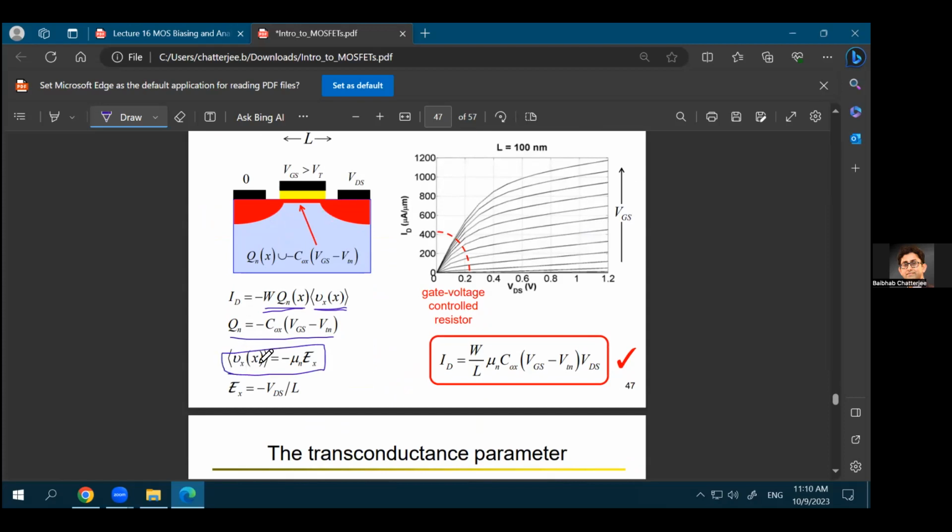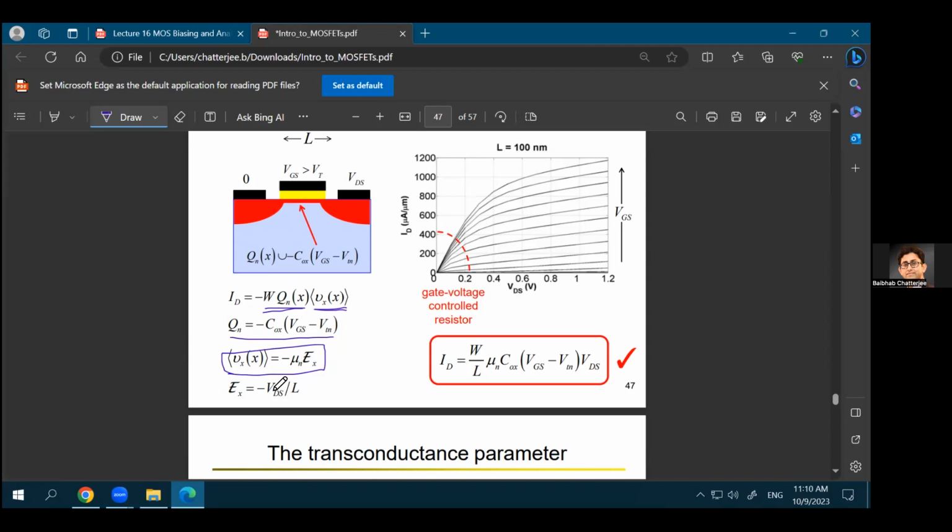Again, this comes from a theory in your device physics classes, that the mobility of the electrons multiplied with the electric field where you are subjecting the electrons to, it basically gives you the velocity of the electrons. So mu times E gives you the velocity of the electrons. And also you know that the electric field is minus dV dx.